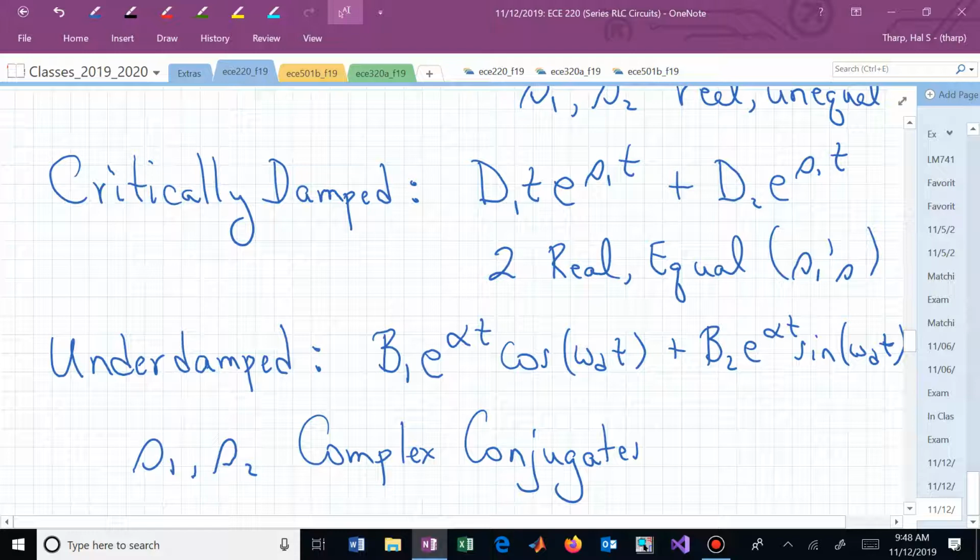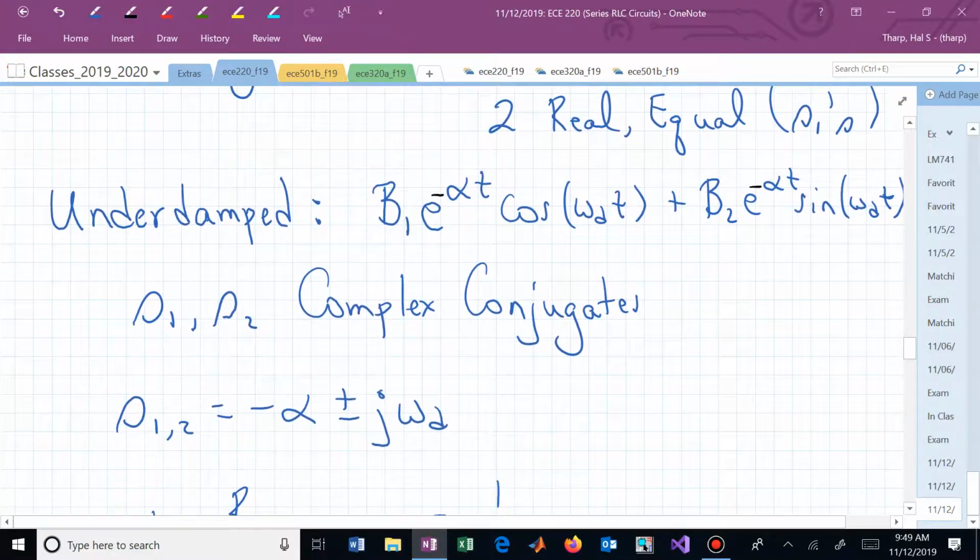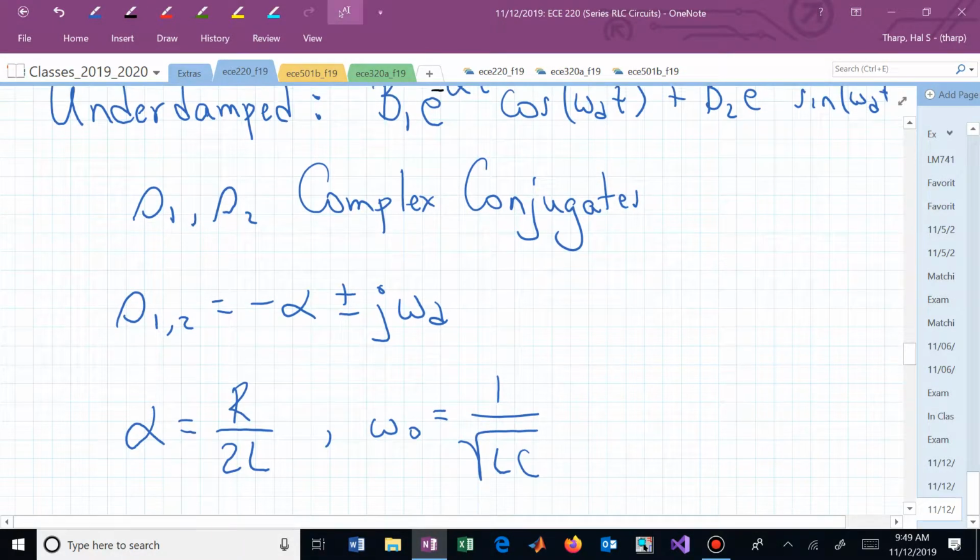The alpha, and here I should say that's e to the minus alpha t, and e to the minus alpha t in the other term. They're exponentially damped at the same rate, and alpha is now R over 2L instead of 1 over 2RC.